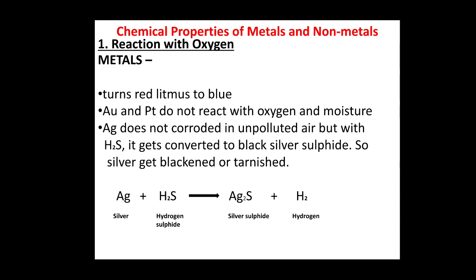That means if the air is polluted, the corrosion will not take place unless hydrogen sulfide is present in that polluted air. When it comes in contact with hydrogen sulfide, it is converted to black silver sulfide.